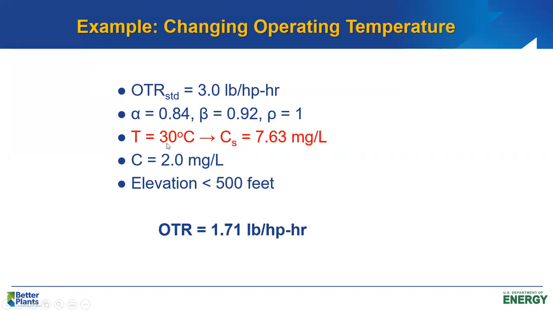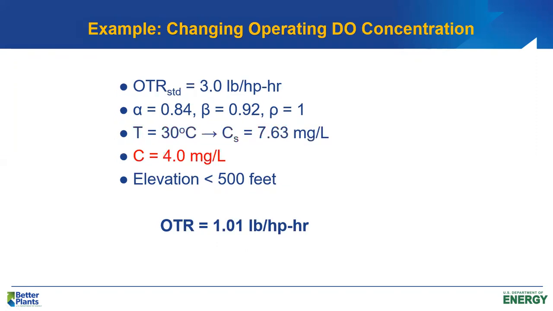So the only thing we've changed is we've gone from a 10 degree temperature to a 30 degree temperature. Now the field oxygen transfer rate has dropped from 1.8 on the previous slide to 1.71 pounds per horsepower hour. So we have about a 5% drop in the oxygen transfer rate. That's a fairly minor drop in transfer rate for the surface aeration equipment.